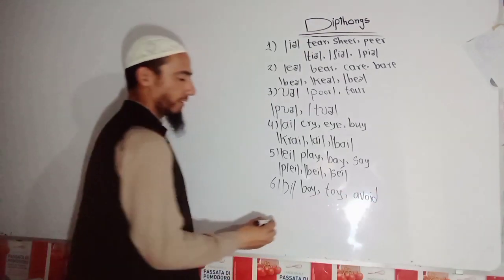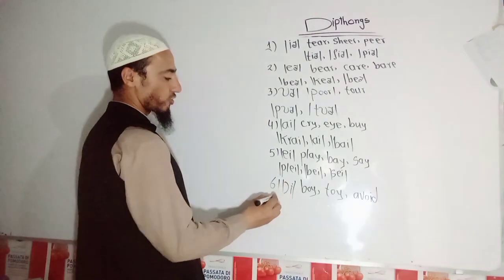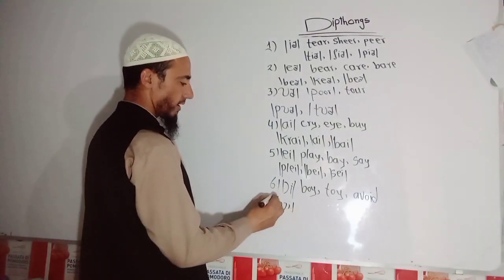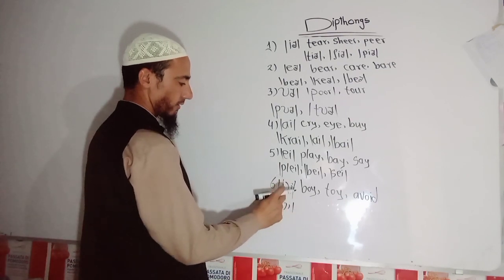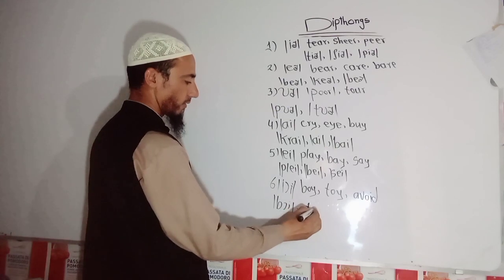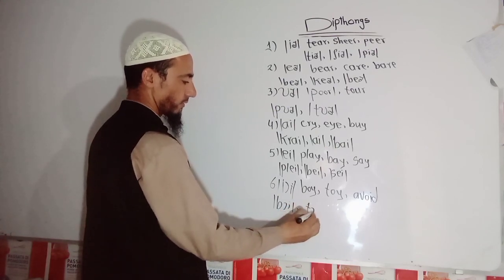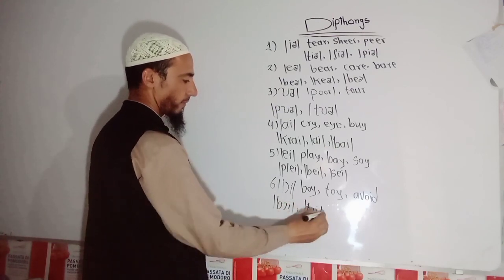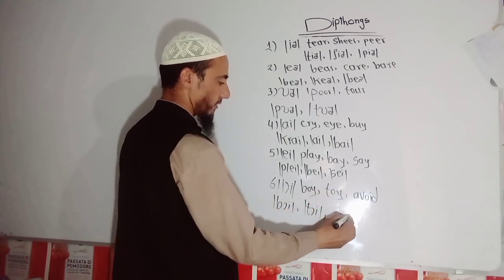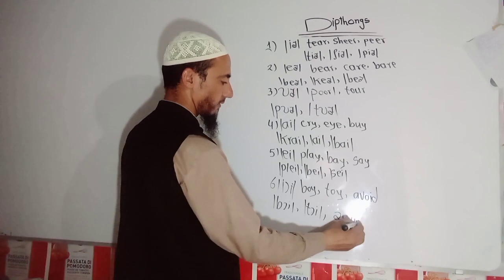Now see, to change them into phonetic transcription: boy, yes, and then toy, okay, and the last one, avoid. So it would be in this way.